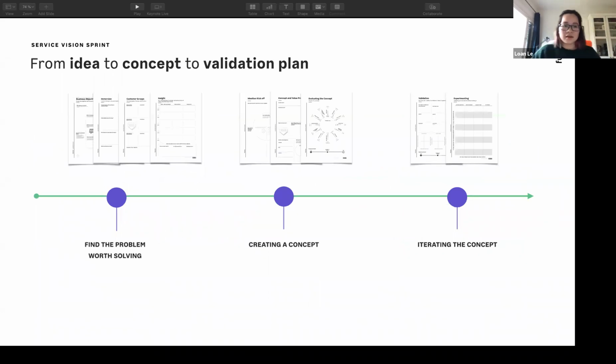So here you are looking at a common setup we have when working on ideation, from business idea to concepting to validation plan. Although it looks quite linear here, in reality it's an iterative process, and most of these canvases are done a few times as the solution evolves and becomes more focused.